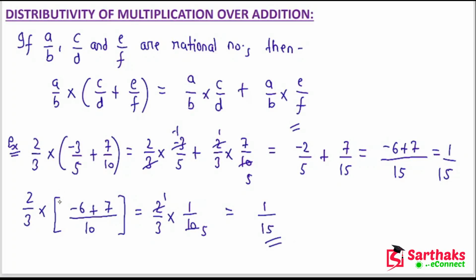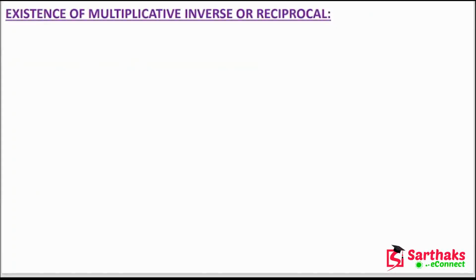Okay, let us move on to the next property, which simply states the existence of multiplicative inverse or reciprocal. We have already seen the additive inverse, which is nothing but the negative of a rational number. Similarly, multiplicative inverse is nothing but the reciprocal of the rational number. So what does it state? It is a very easy property.